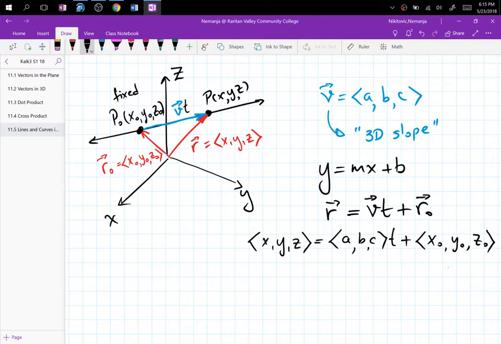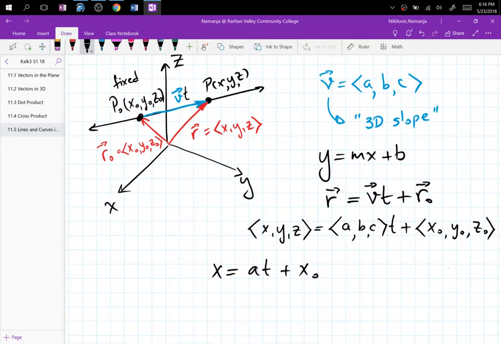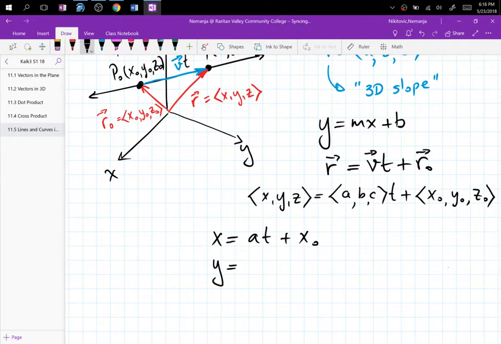You can, all right? So now I am going to separate 3 equations in a parametric fashion and say that x is equal to at plus x0, y is equal to bt plus y0, and z is equal to ct plus z0.